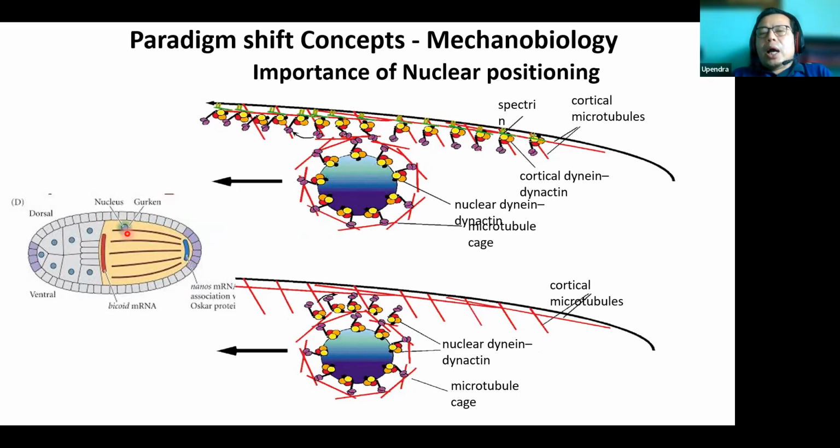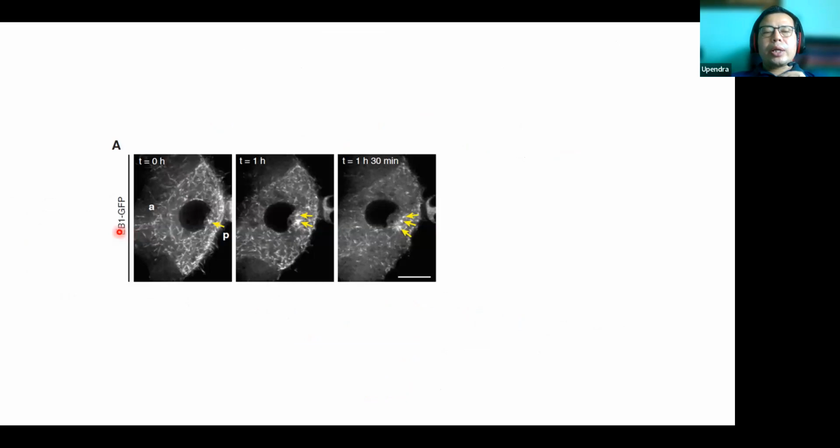If it is actively transported, then you can ask whether it is being pulled or being pushed, right? Both are possible. And this is where people used live cell imaging in the early development embryo, and they were able to show that actually it is pushing rather than pulling.